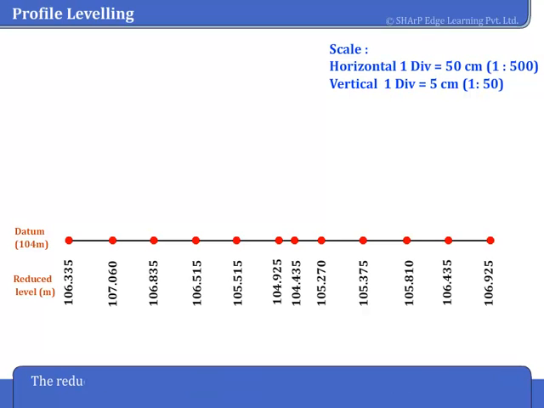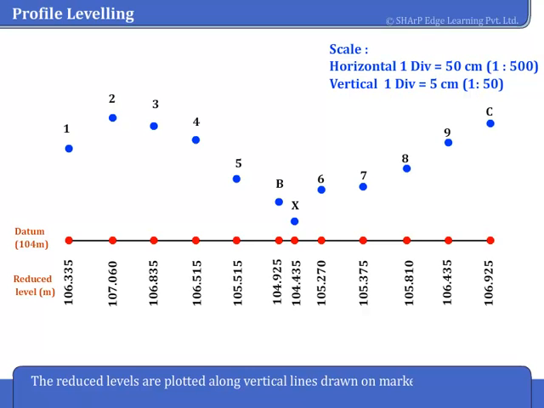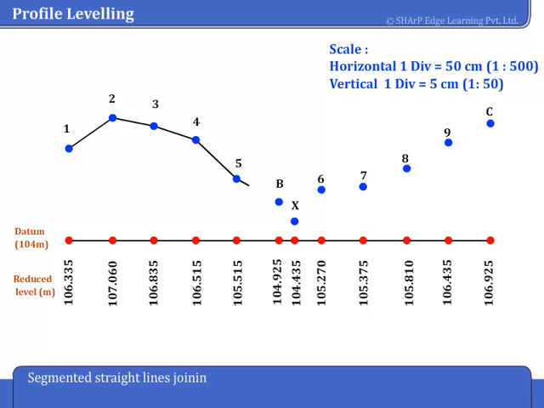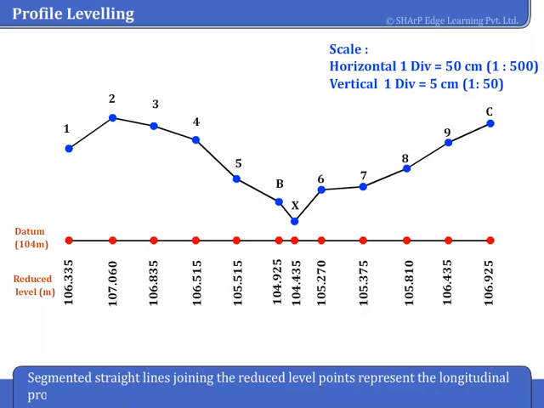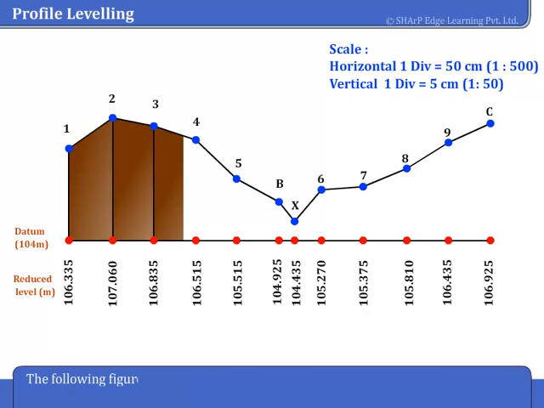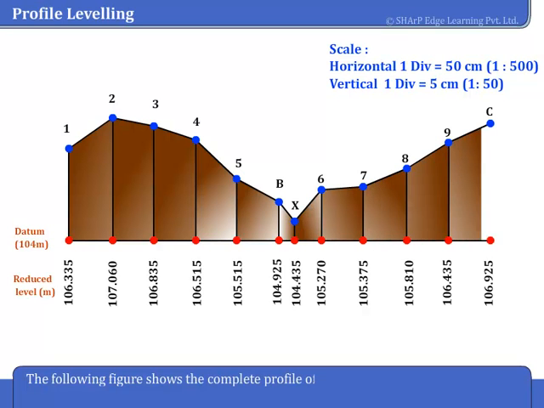The reduced levels are plotted along vertical lines drawn on marked points. Segmented straight lines joining the reduced level points represent the longitudinal profile of the ground surface. The following figure shows the complete profile of longitudinal section of the profile leveling.